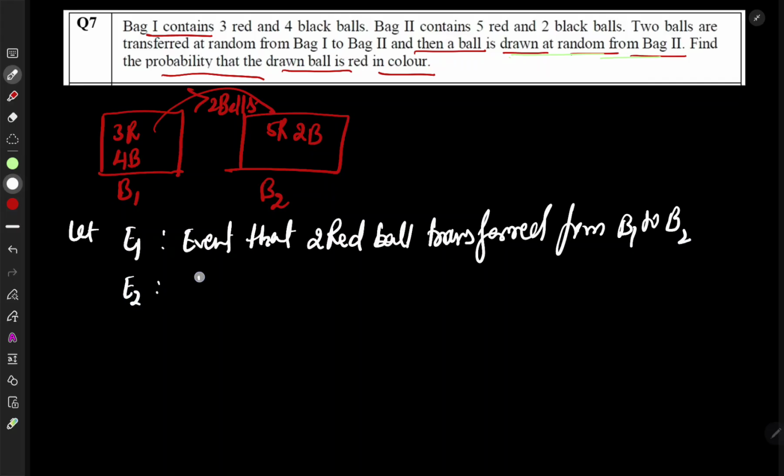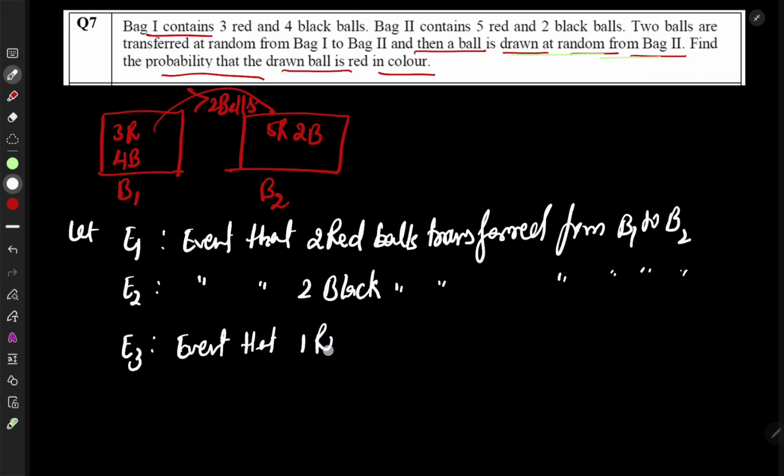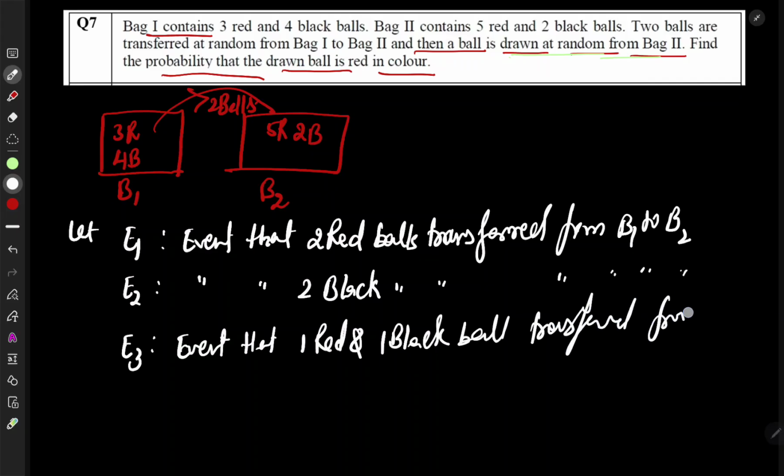E2 be the event that 2 black balls are transferred from bag 1 to bag 2. And E3, you must write this in your copy when you are writing in the board exam, the event that 1 red and 1 black ball are transferred from B1 to B2.